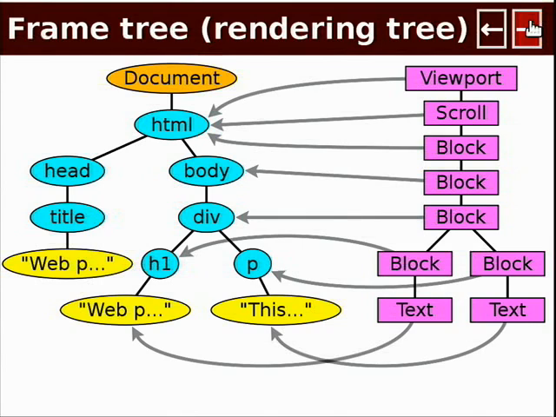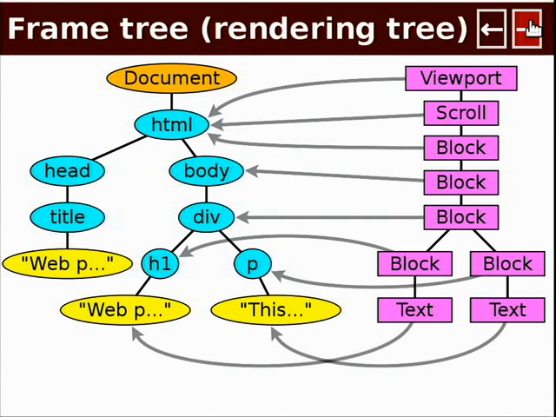In many cases, there's a one-to-one correspondence between the nodes in these trees, but in some cases, there isn't. For example, a node that has CSS display none wouldn't create any nodes in the rendering tree.